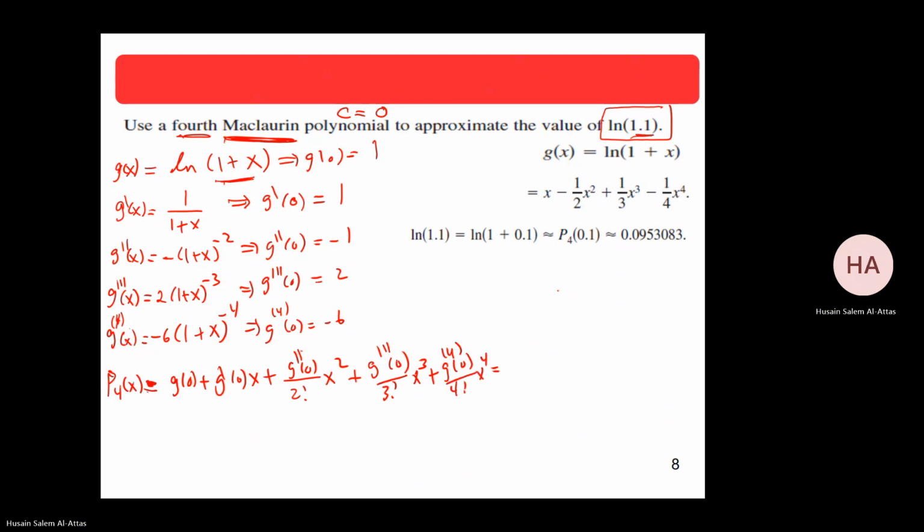Okay. g at 0 is 0, not 1. What is this? ln 1, which is 0.